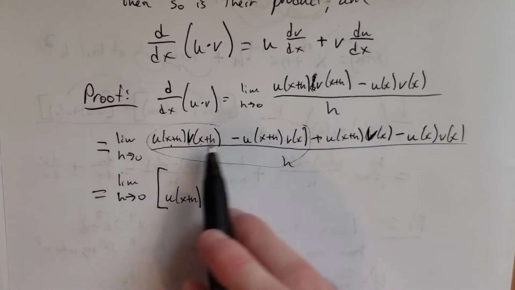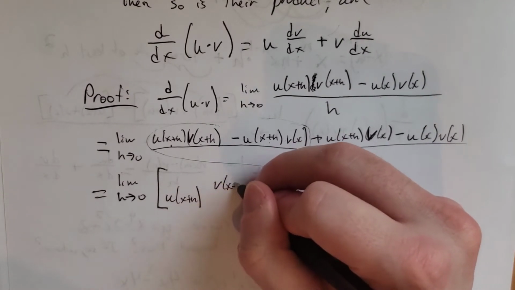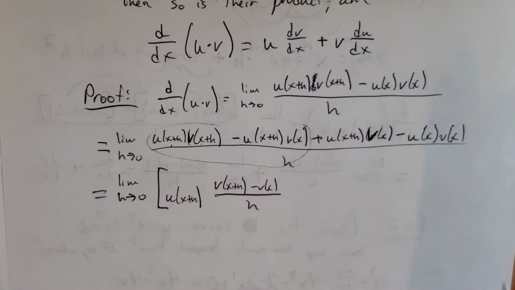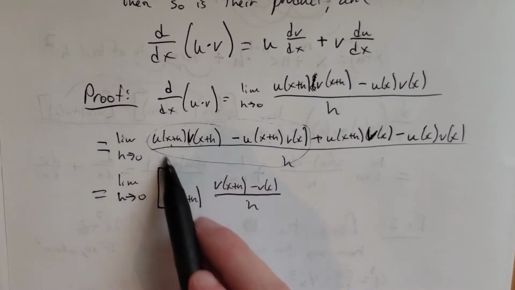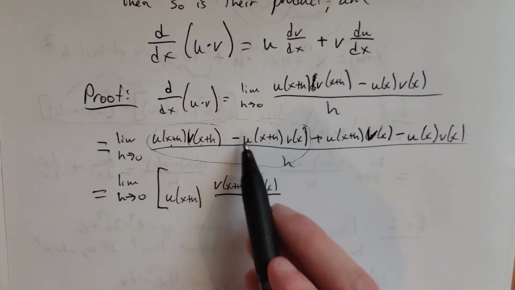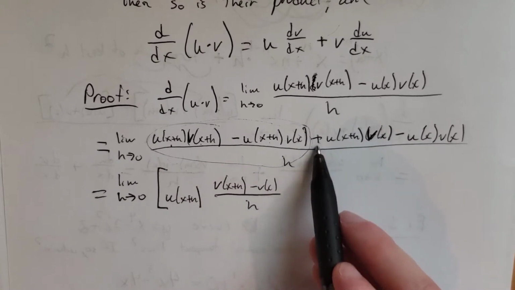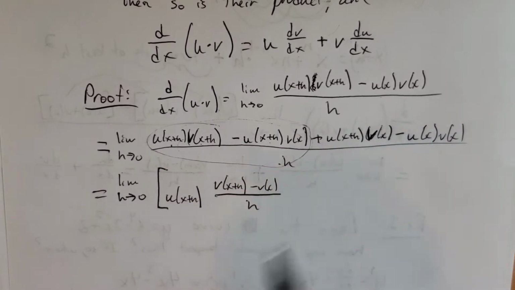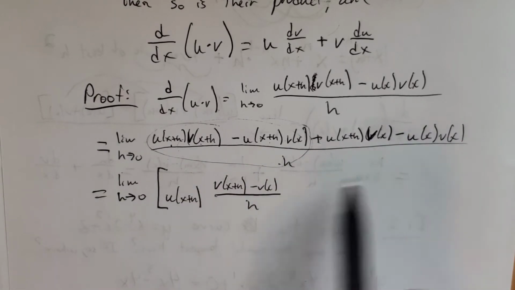Then what's left over is v of x plus h minus v of x, all divided by h. We can separate this fraction: this fraction divided by h plus this thing divided by h.